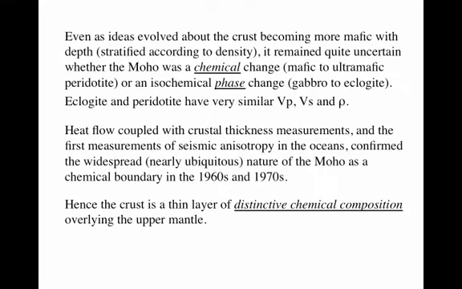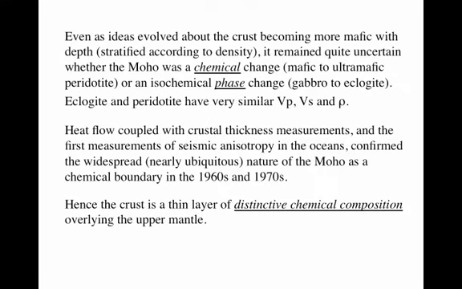And one thing that comes up is that eclogite and peridotite, so eclogites in the lowermost crust and peridotites in the mantle, have very similar densities, and they have very similar P-wave seismic velocities. And that means that they're difficult to distinguish based on seismic techniques.